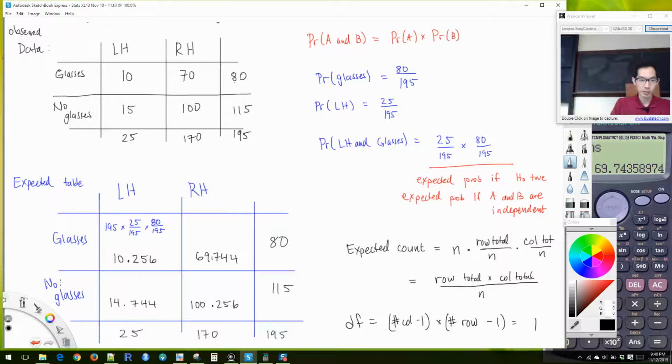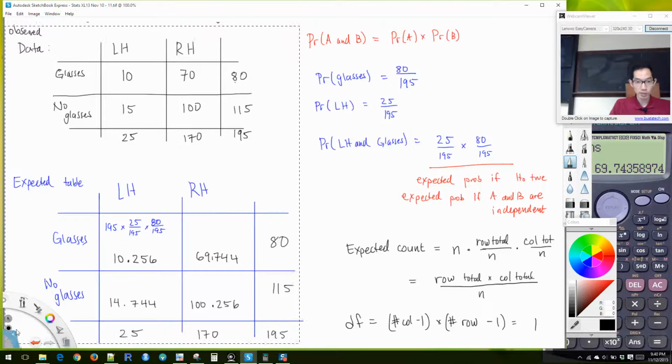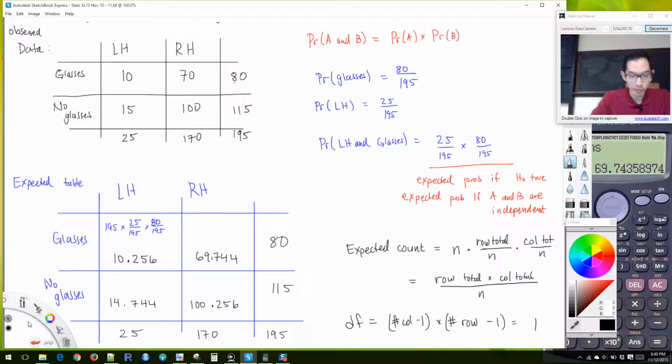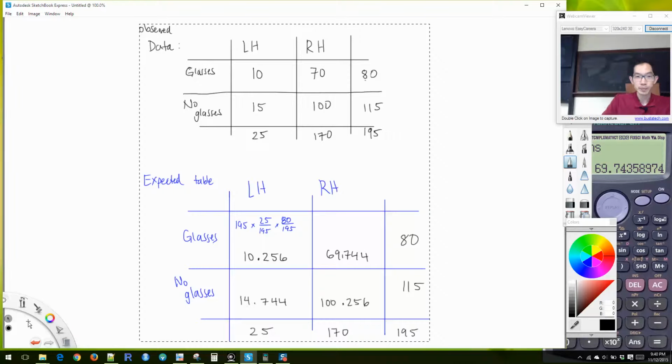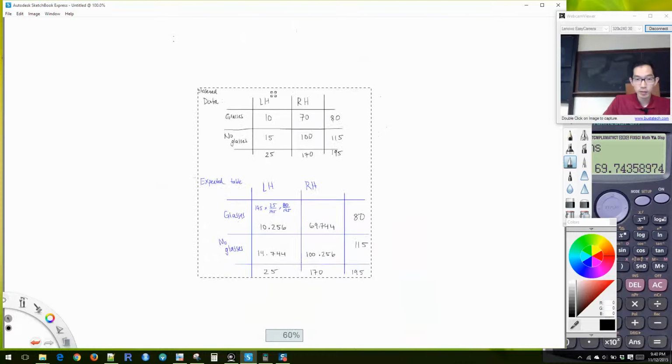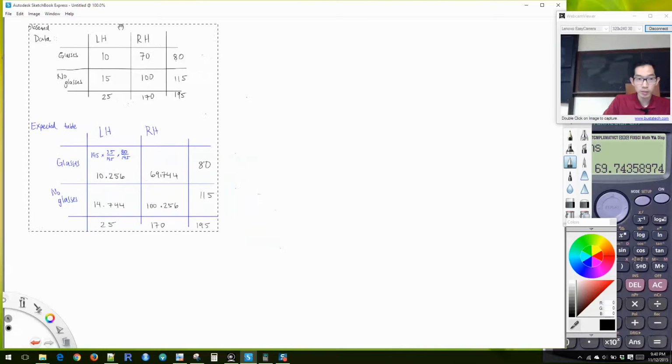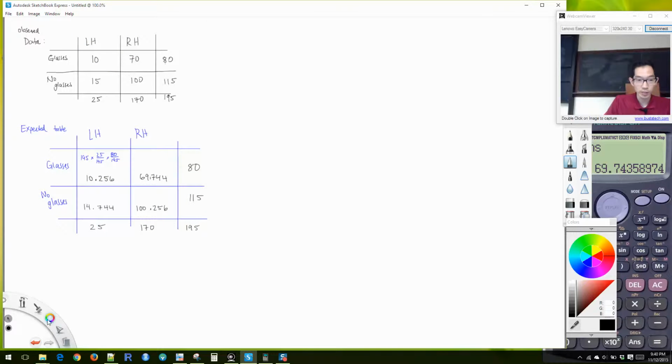All right, so I'm going to just copy these tables onto the next slide. You obviously don't have to recopy them. So we're going to use these to get our Chi-Squared Statistic.